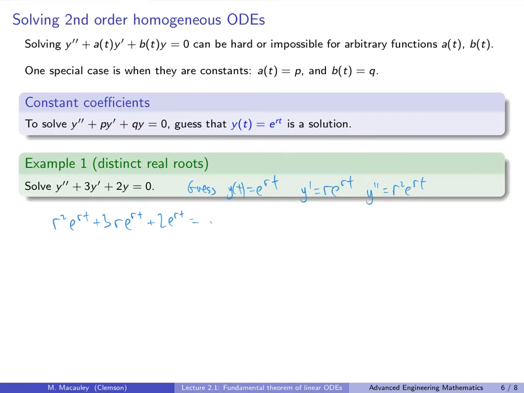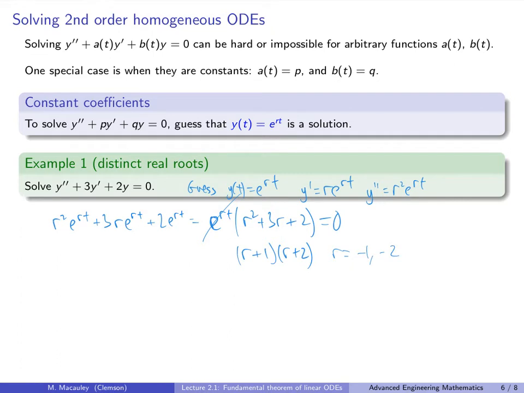First I'm going to factor out an e^(rt): e^(rt)(r² + 3r + 2) = 0. We can divide by that, because it's never 0. So this is (r + 1)(r + 2), and we get r = -1 or r = -2.